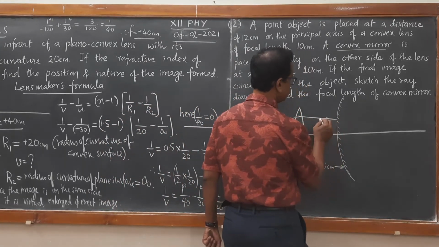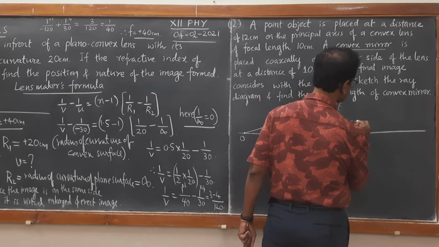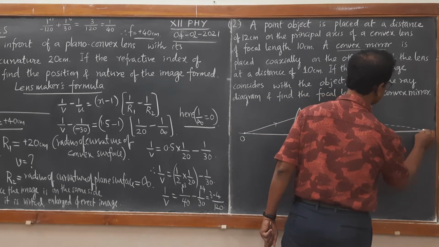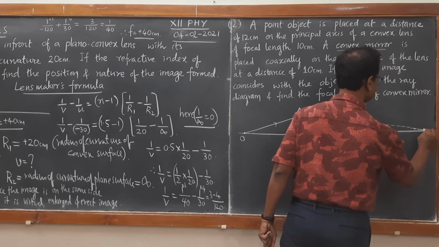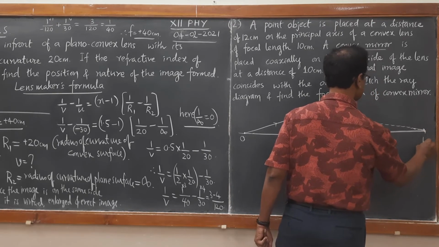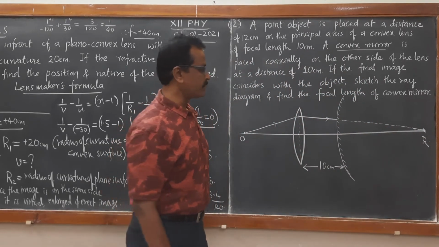Then remember, it should be forming the image at its radius of curvature. So this is the radius of curvature of the convex mirror.